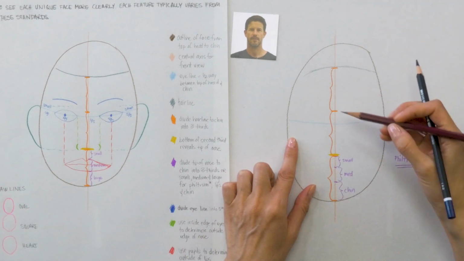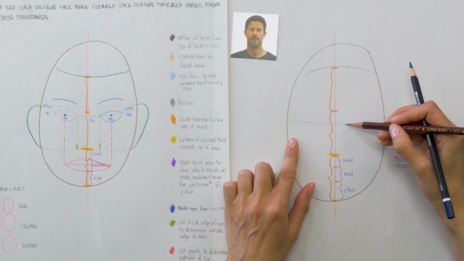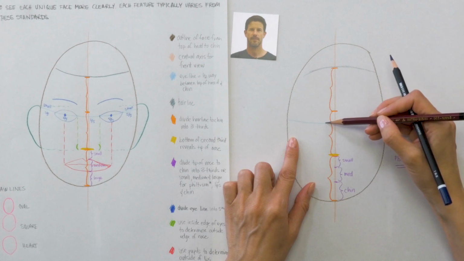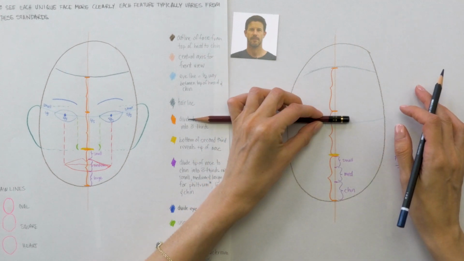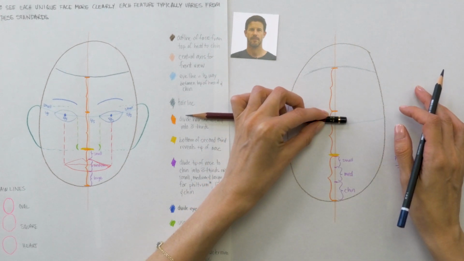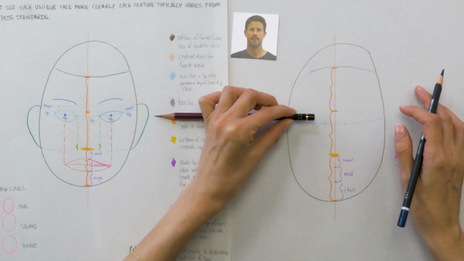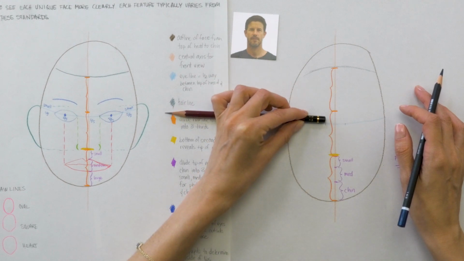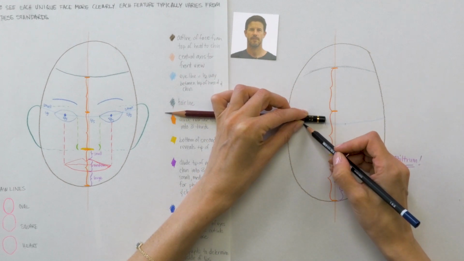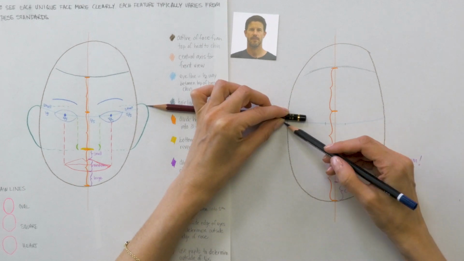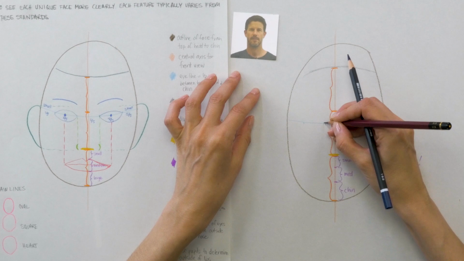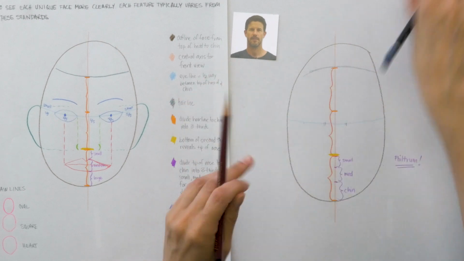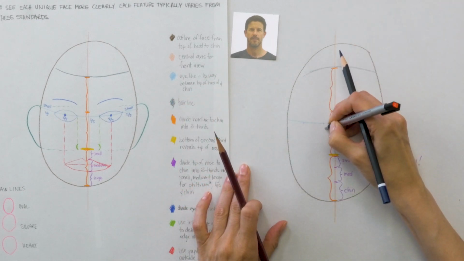So sometimes I'll switch to a regular pencil here so I can guess if I want that to be 1/3, then I'm going to sight that and measure it over. Would that be smaller? Yes, I think I could probably afford to make it a little bit bigger. So we'll make it a little bit bigger on both sides.